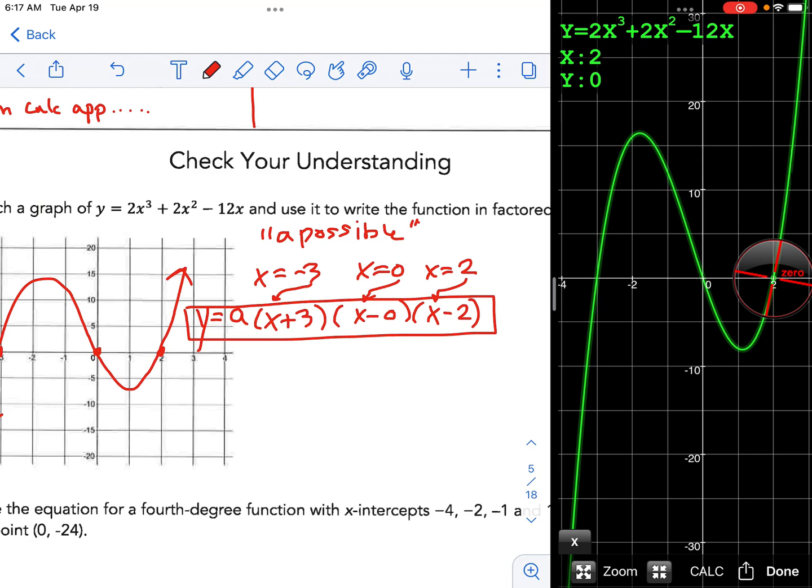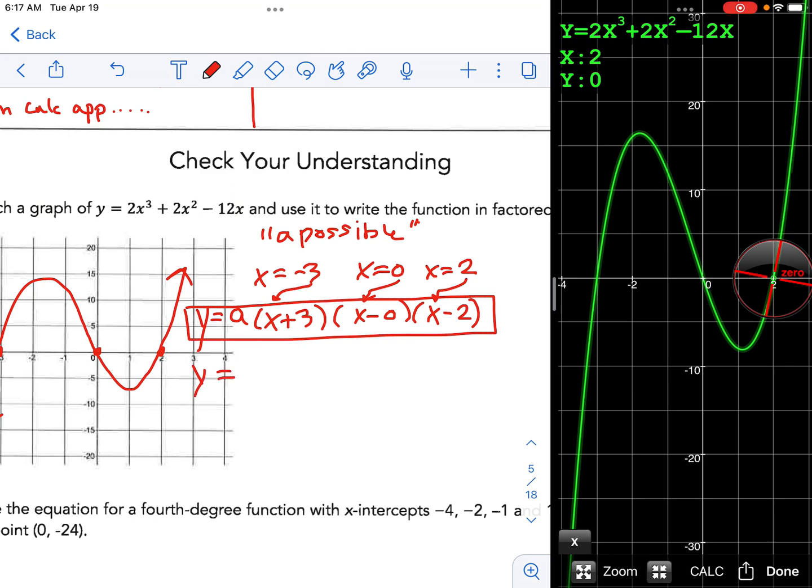So your answers are going to be like this in the homework. We're not going to find a. We know in this case a is 2 because we need a coefficient of 2. But we're not going to go through all of the math and find a like we were doing in the last unit. It's not that hard, it's just that we've already looked at those skills and we're not going to bring them back.